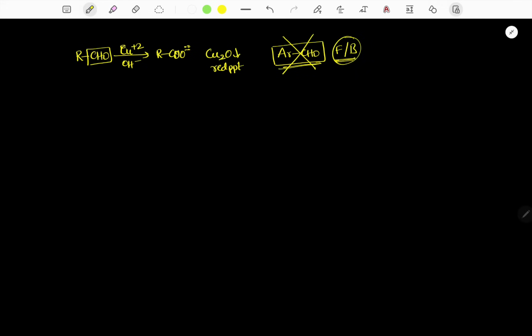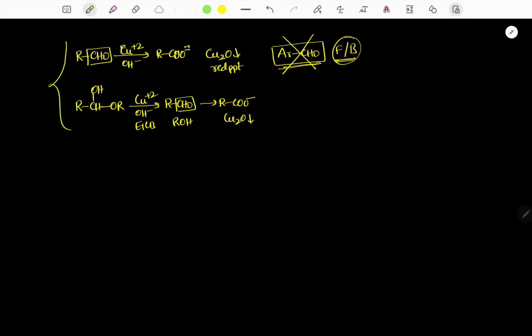Similarly, hemiacetal also, in the presence of OH minus, reacts with Cu2+. Hemiacetal converts into aldehyde plus alcohol through E1CB mechanism. Now aldehyde undergoes oxidation, converts into carboxylate, and Cu2O red precipitate will form.